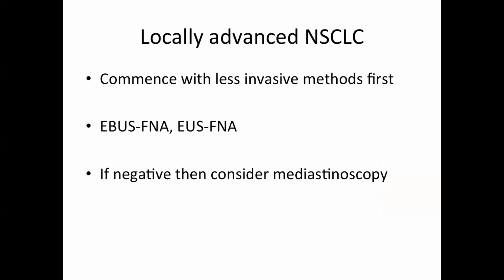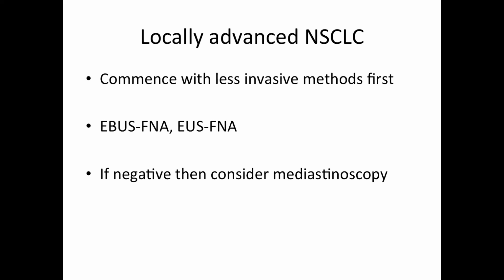So coming back to that early slide that we had, and we're nearly there. Coming back to that early slide, I'd said that sometimes we think we've got locally advanced non-small cell lung cancer, and we're worried that there may be nodal involvement. We're trying to decide, can we operate or can we not?